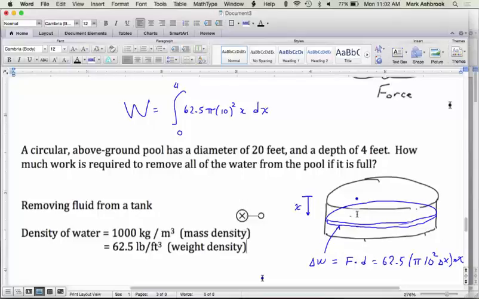So the total work is the sum of little bits of work. The total volume is the sum of little bits of volume. The total area is the sum of little bits of area.